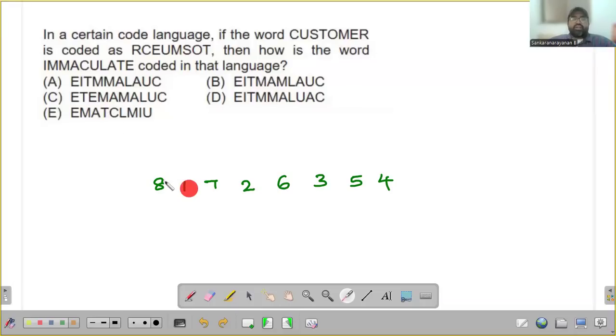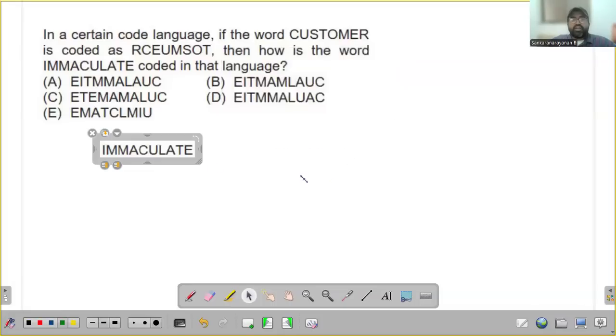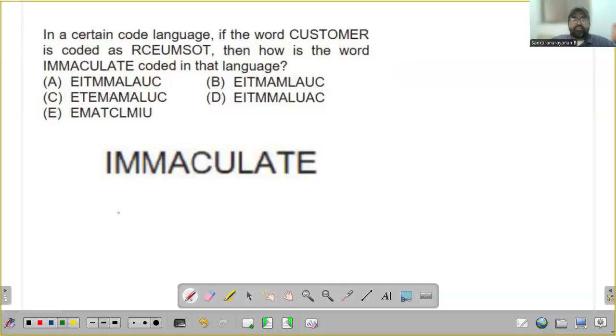The last letter and then the first letter, the penultimate letter, the second letter; like that, the coding proceeds. So when we consider the word immaculate, the last letter E comes first. Following that, the first letter, I, will come. Then comes T, and then this letter M. So it is EITM.